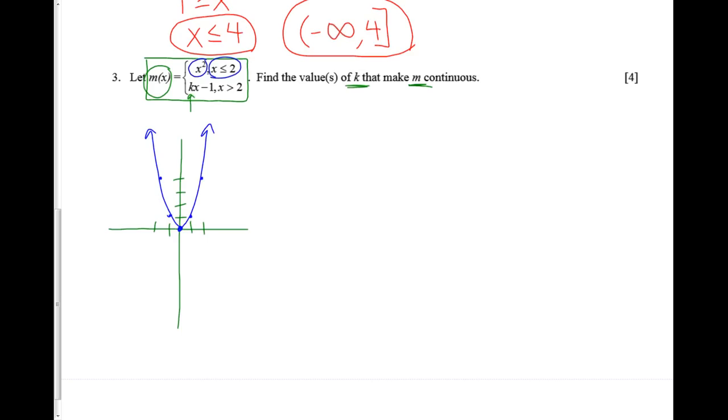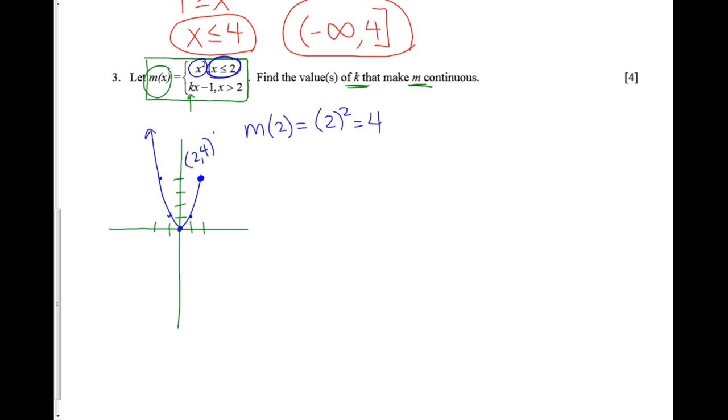But I don't want the whole thing. I only want the parts where x is less than or equal to 2. So x was 2 right here at this end point. The coordinates of that point were 2, 4. I could figure that out by saying, what is m of 2? Well, m of 2 would mean to plug into the top, the x squared branch, so I'd have 2 squared, which is equal to 4.